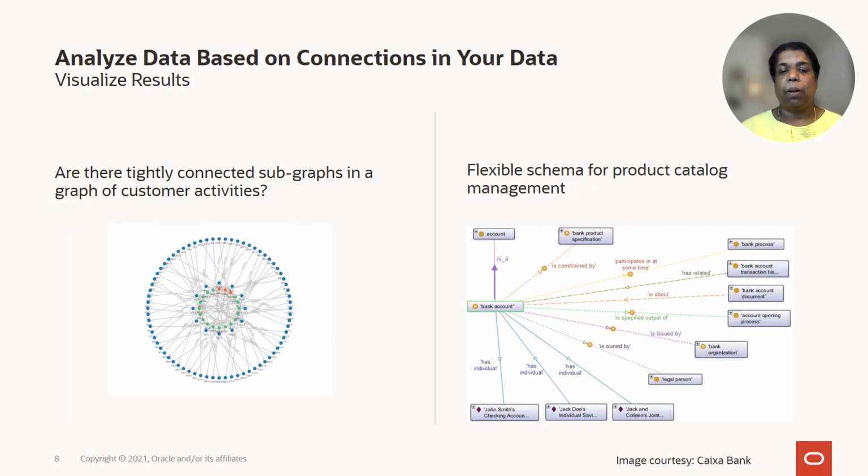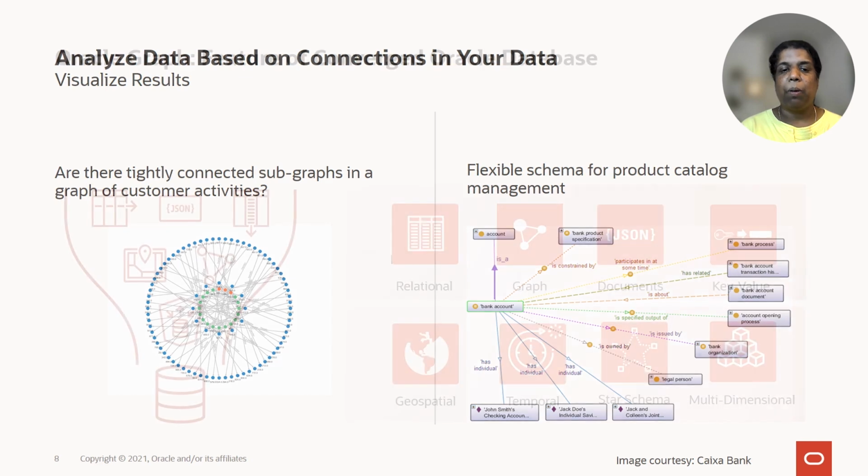Are there subgraphs within my graph where the vertices are more tightly connected to each other than they are to the rest of the graph? And then can I have a flexible schema that incorporates how different attributes are connected to each other and gives me the ability to add a new attribute easily without changing the underlying database structure? So these are all some examples of using graph analytics for your business problems.